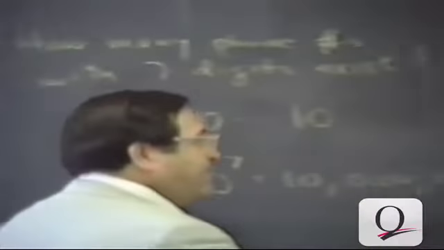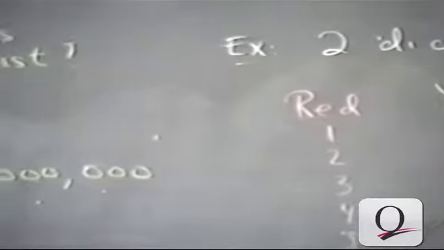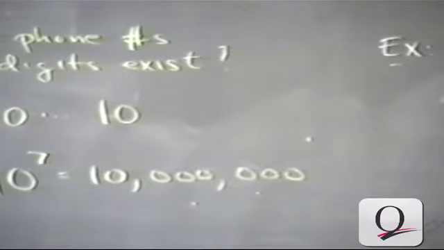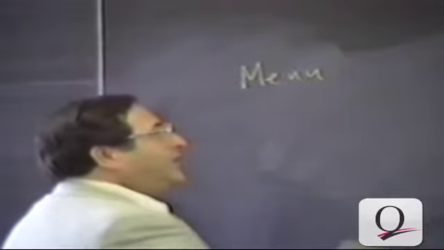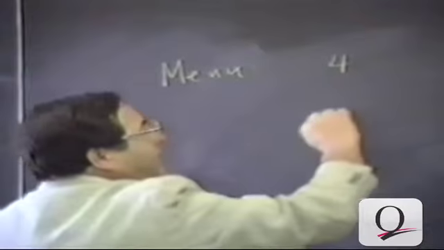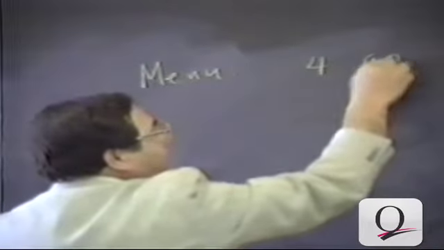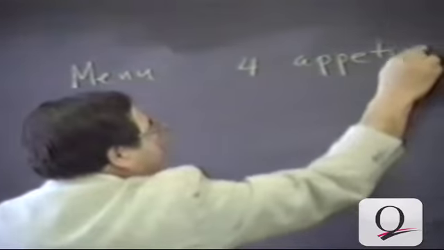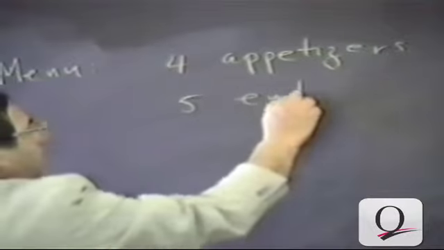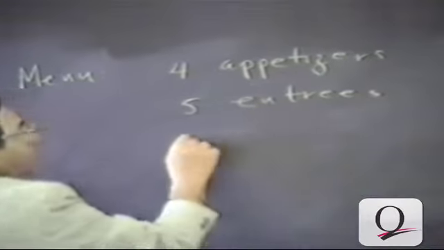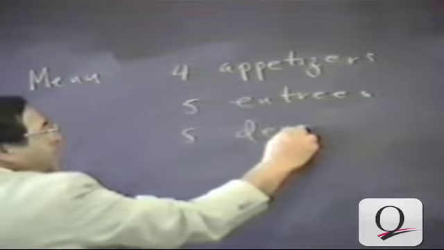Let's take another example. Let me move back here. Suppose a menu at a restaurant has 4 choices for appetizer, and let's say 5 choices for entree, and let's say 5 for dessert.